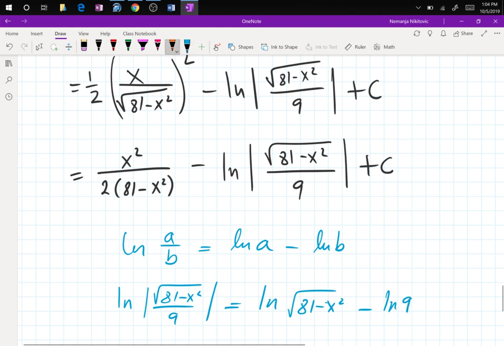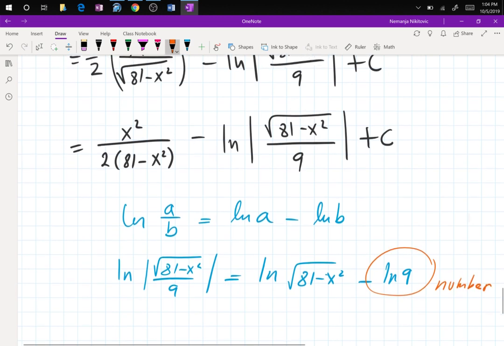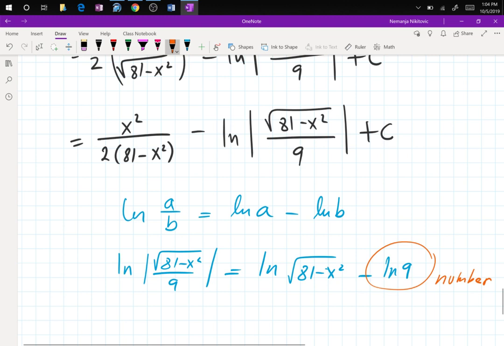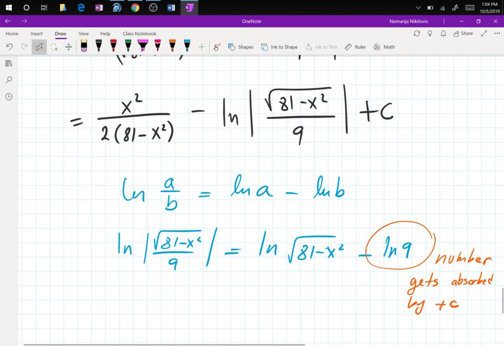And this thing here is a number which gets absorbed by plus c, and that's why it would just plain disappear from the computer answer.